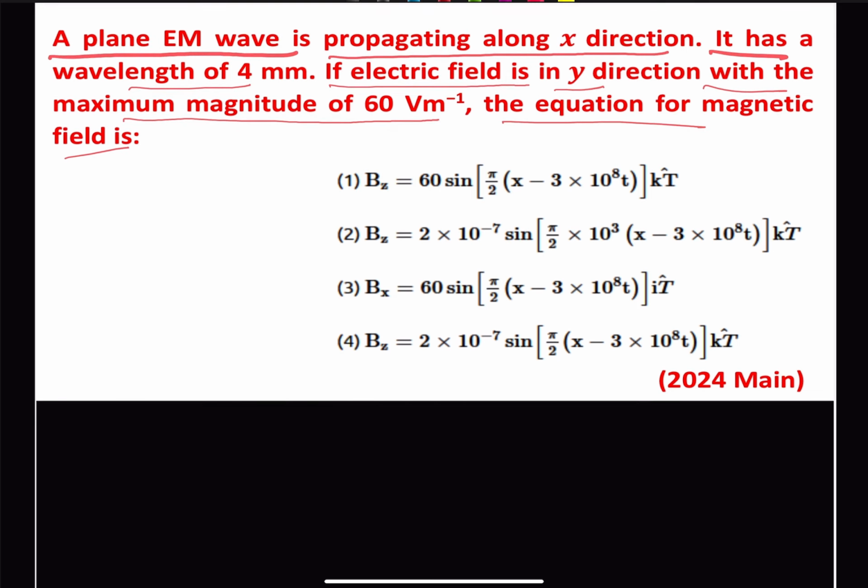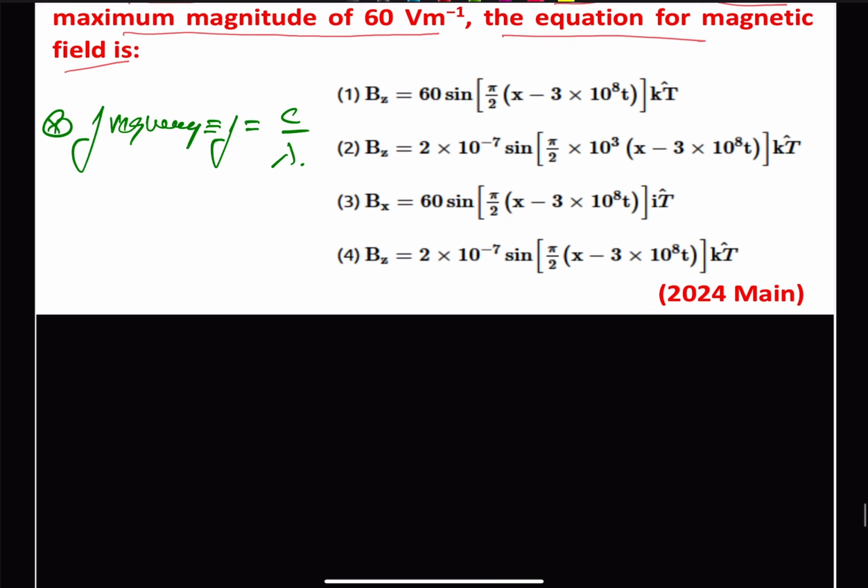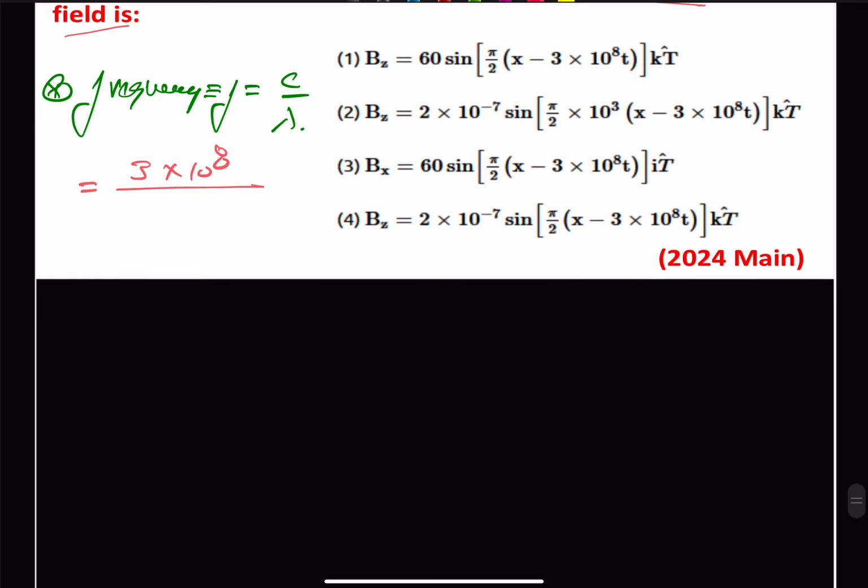So first of all, let's find our frequency. The frequency f will be equal to c upon wavelength lambda, which is given to us. So c is 3 × 10^8 and lambda is given as 4 millimeter, which is 4 × 10^-3.